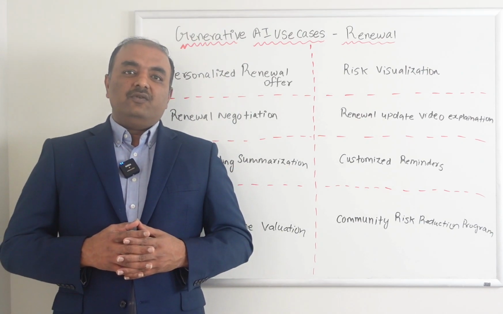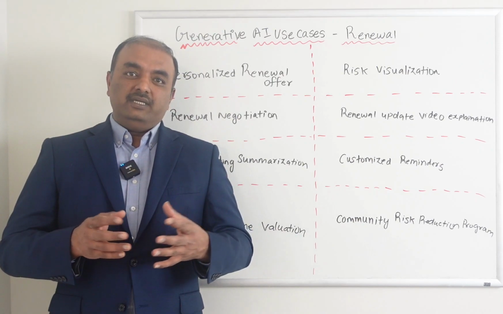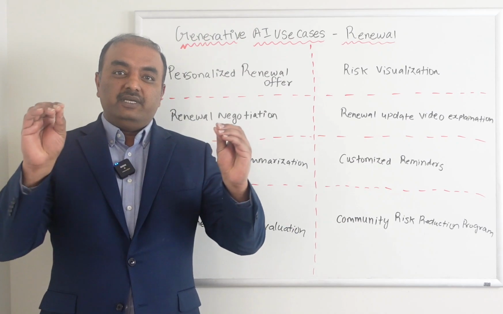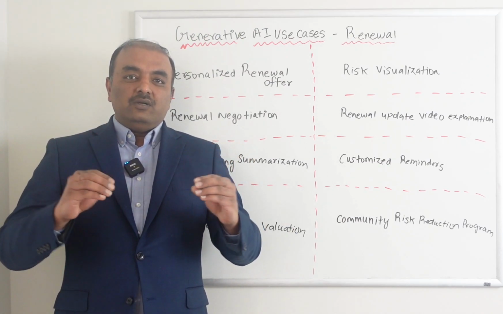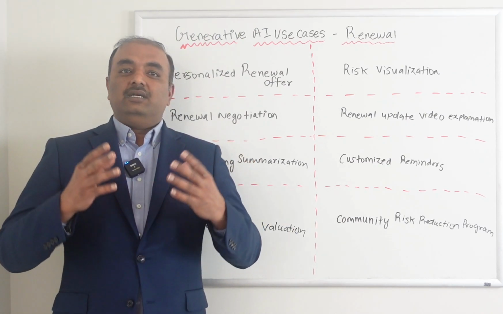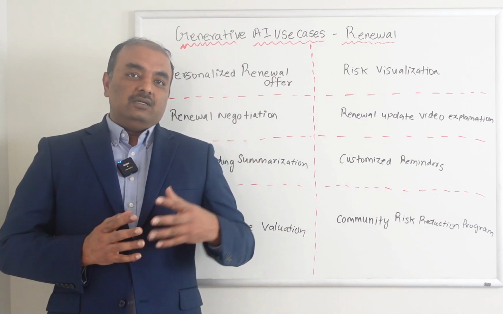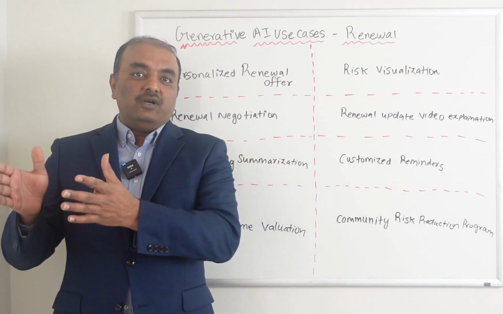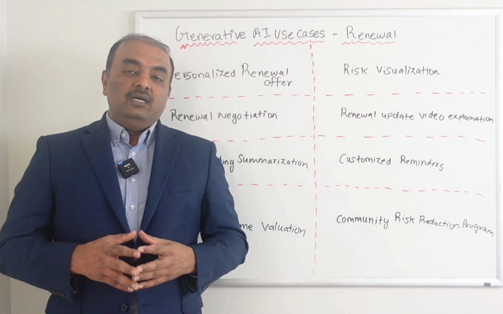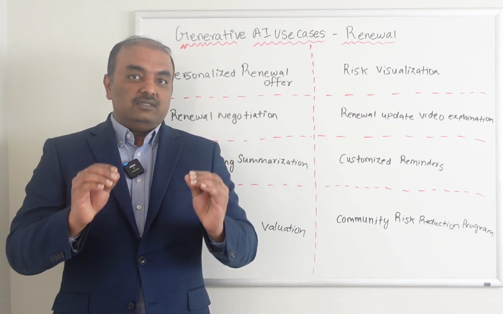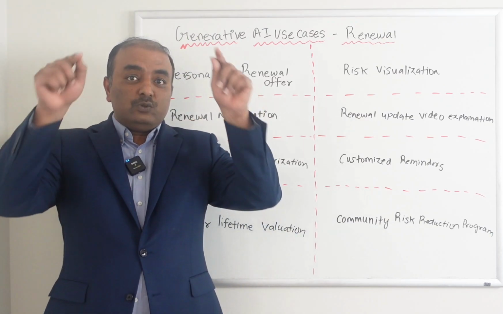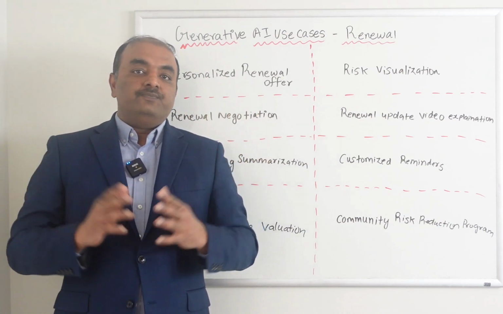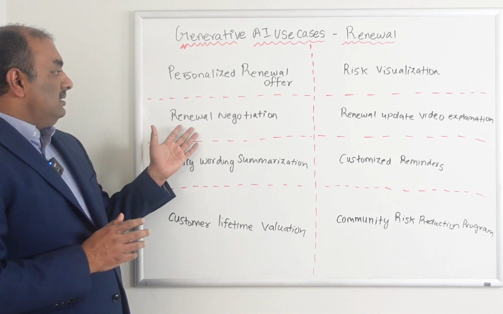For example, if you have a customer who is on commercial auto, and they have been using their commercial autos for various business specific areas, you can say that you have been using this commercial auto for, say, the retail industry, and you can look at their data and say that you have been very profitable. Now if you renew the policy with us, these are the values you are going to get. Now you are sending a renewal offer that has information specific to that customer instead of sending a generic renewal offer.